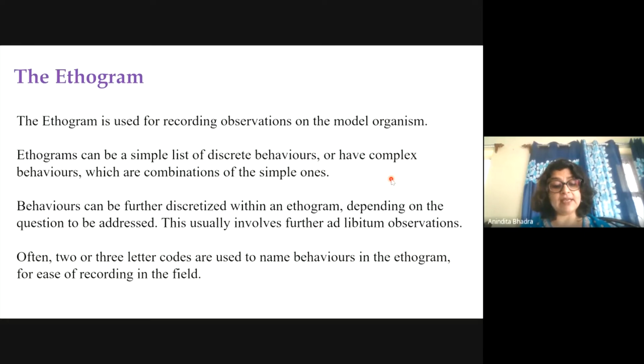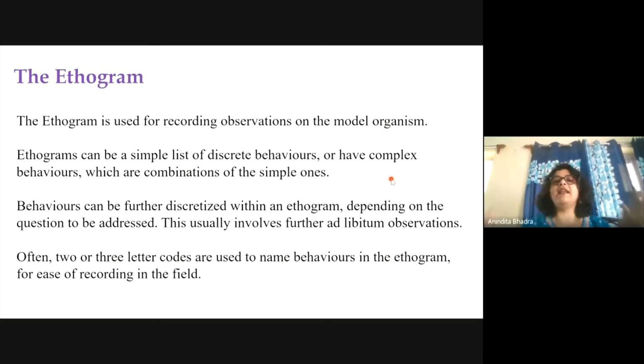I can give you an example again from my lab. When we began, we had an ethogram of 100 behaviors collated by myself and my first 2 students. This list is way over 150 now, because new students have come, done ad libitum, and they have said, but you know, I saw this one behavior which looks a little different from what we already have in the ethogram.